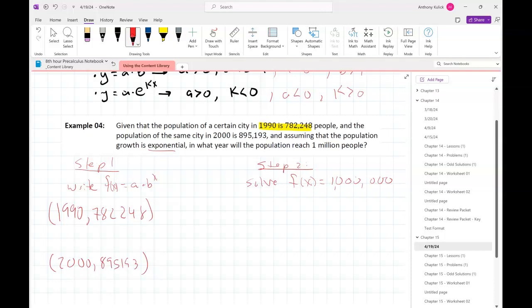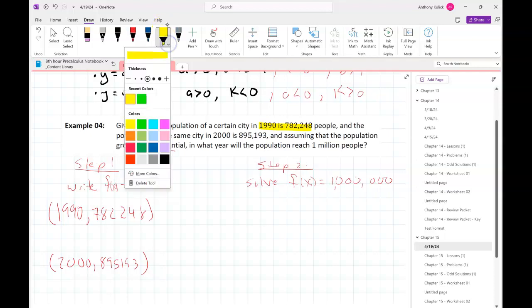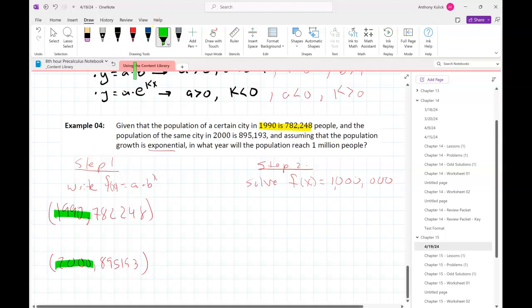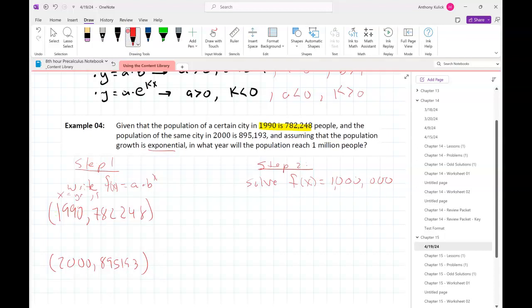Now, what's unfortunate about these two points? Neither of the x coordinates is 0. So I don't love that. So what I'm going to do, instead of thinking of x as years, or the date, I'm going to define x as the years after 1990.